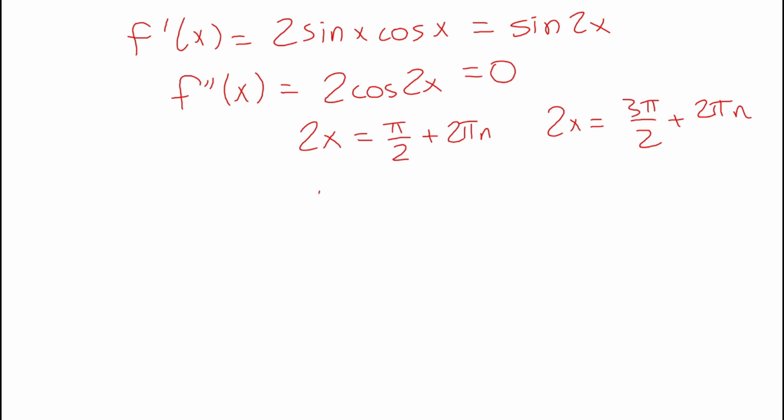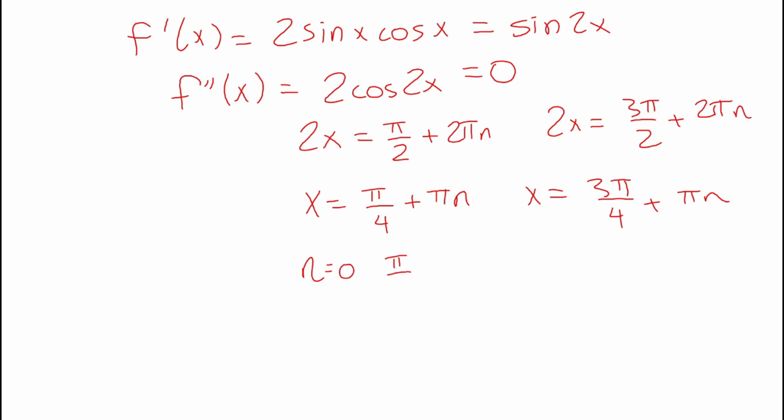So we'll divide everything by 2, giving us x equals pi over 4 plus pi n, and x is equal to 3 pi over 4 plus pi n. When n equals 0, that gives us pi over 4, and it also gives us 3 pi over 4. When n equals 1, we get x equals 5 pi over 4, and x equals 7 pi over 4.